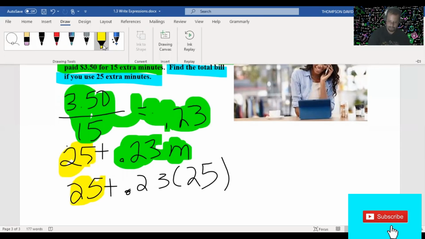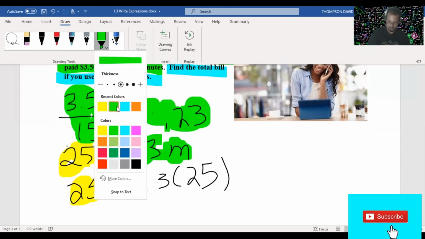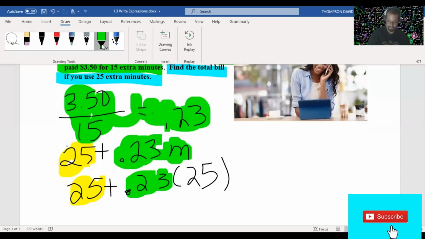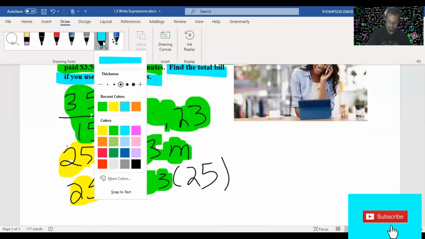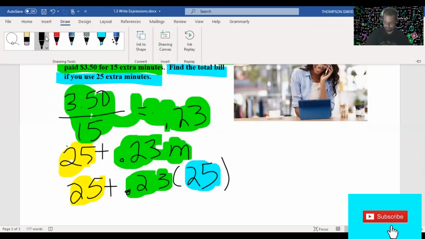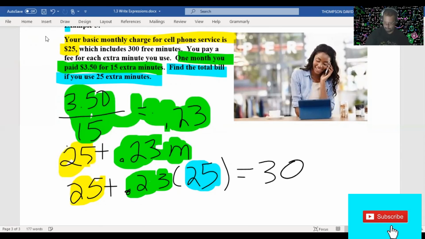The 0.10 we'll highlight in green. And the 25 minutes we'll highlight in blue. Now we just put it in the calculator and find out how much we pay. So 25 plus 0.10 parentheses 25, and we're paying $27.50. And we are done.